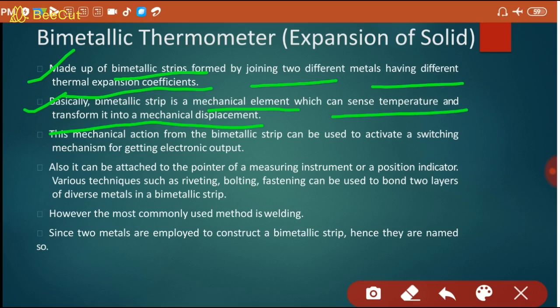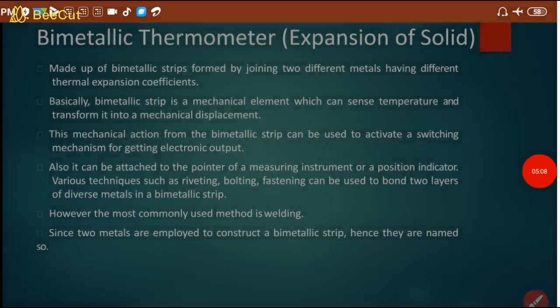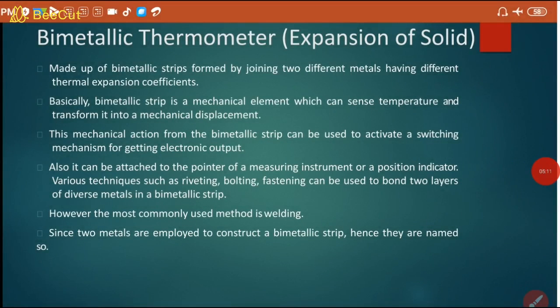So this mechanical action from the bimetallic strip can be used to activate a switch mechanism for getting an electronic output. Also it can be attached to the pointer of the measuring instrument or position indicator.